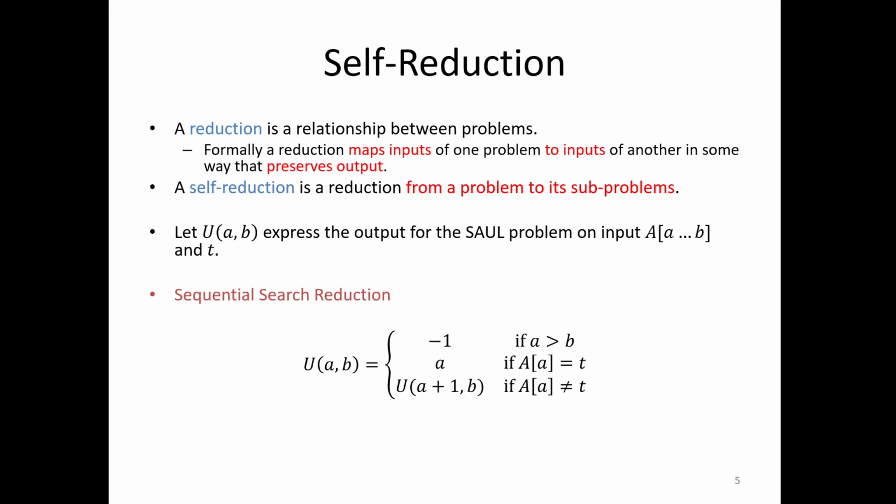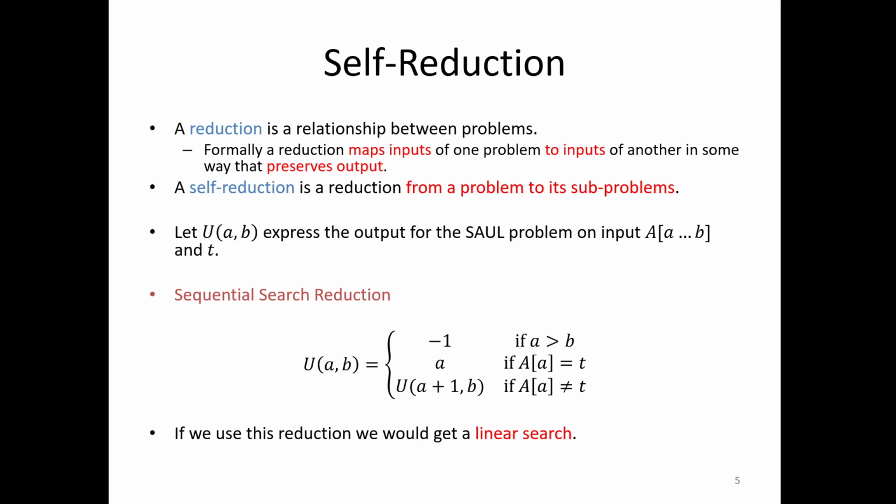If we create this algorithm, very much like our standard sequential search using a loop, this recursive sequential search is a linear search, meaning it's going to result in a linear number of operations, or big O of n. And we're going to take some time to look at that in more detail.